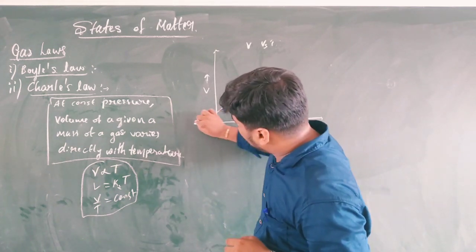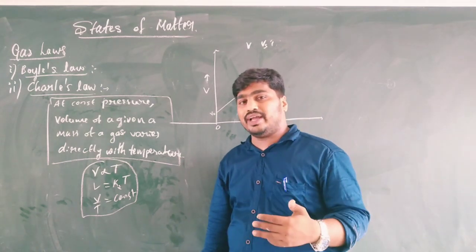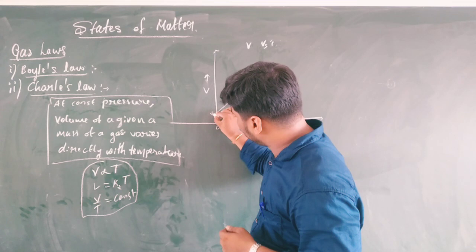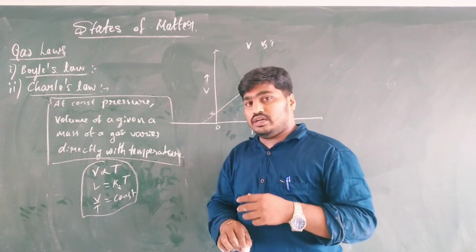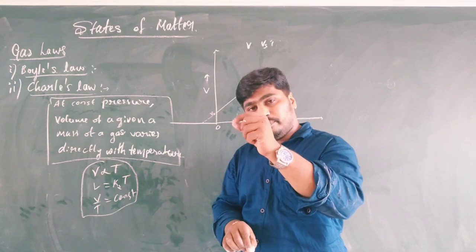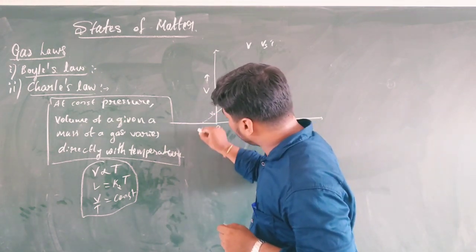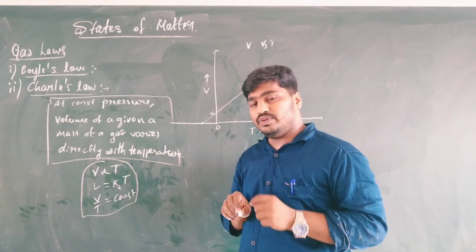When we consider the minus x-axis in the graphical representation, suppose we take the volume backward, what happens? It crosses the temperature axis here. What is the meaning?